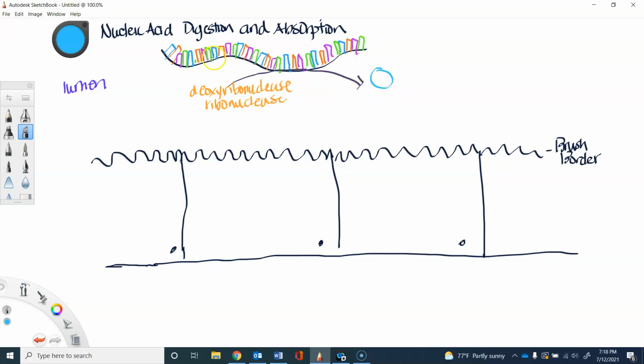And we remember the nucleotide has the phosphate group, a pentose sugar, and a nitrogen base.